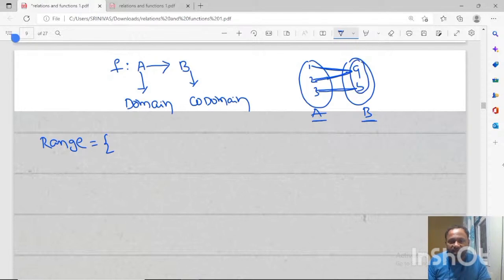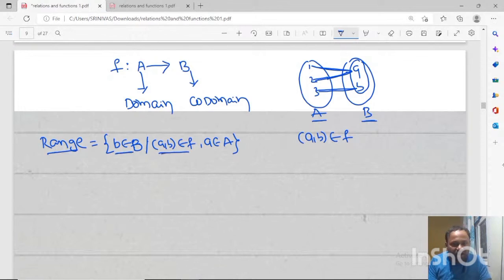For example, if ordered pair (a, b) belongs to F, then the range we can define as the set of b belonging to B such that ordered pair (a, b) belongs to F, where a belongs to capital A and b belongs to capital B. Okay, so range is nothing but b belongs to capital B, where ordered pair (a, b) belongs to F.